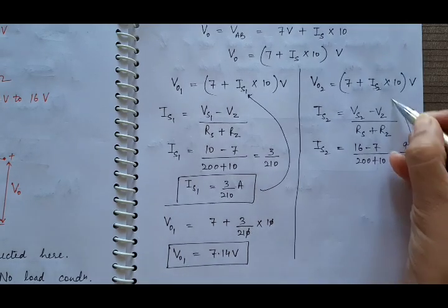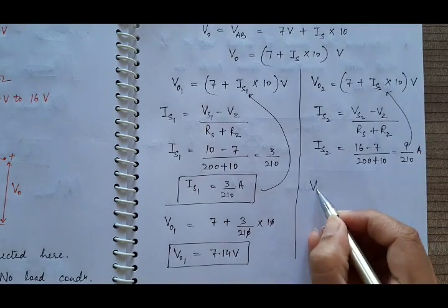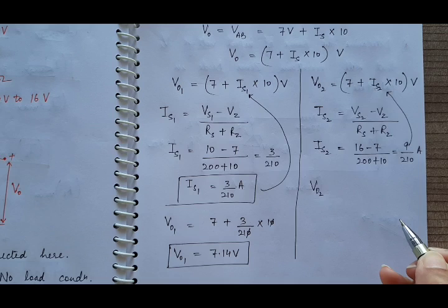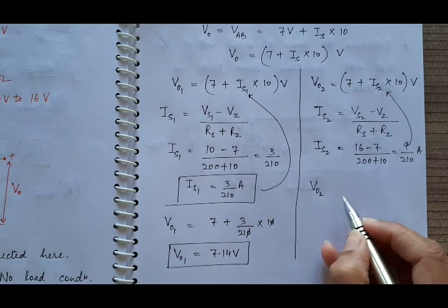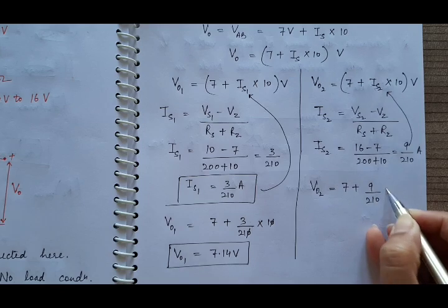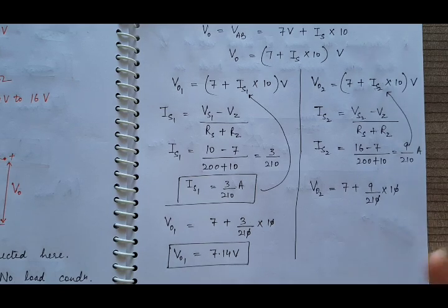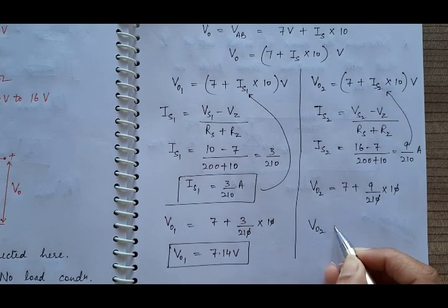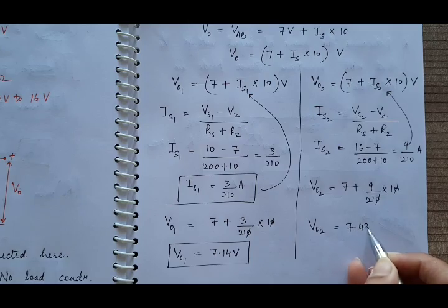Now put this value here and you will get the output voltage corresponding to 16 volt input voltage. So it will be 7 plus 9 by 210 into 10, and after solving, this is 7.43 volts.